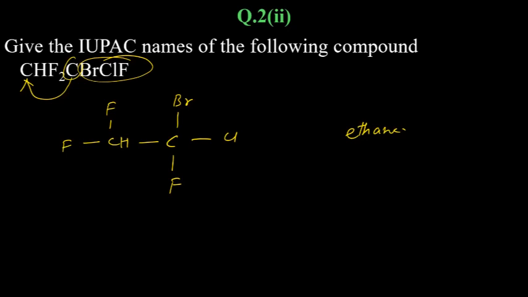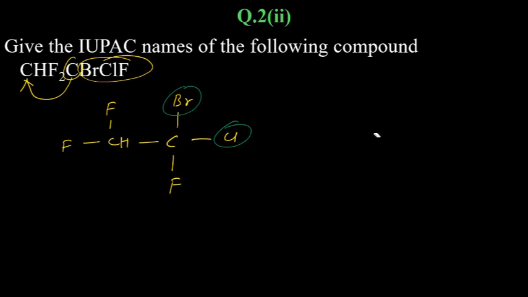From where do you need to start the numbering? The numbering has to start from the right side. The reason is this right side carbon has three branches attached to it. Yes, Ashi, correct. Good. Okay. So on one you have bromo, on one you have chloro, on one you have fluoro also. But fluorines are three, so you will combine all these fluorines.